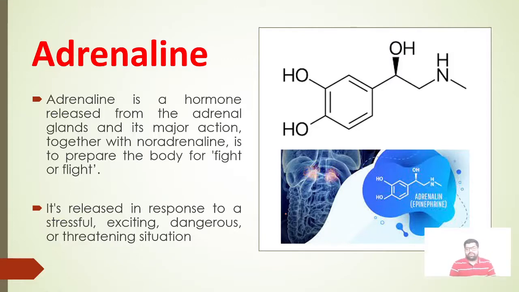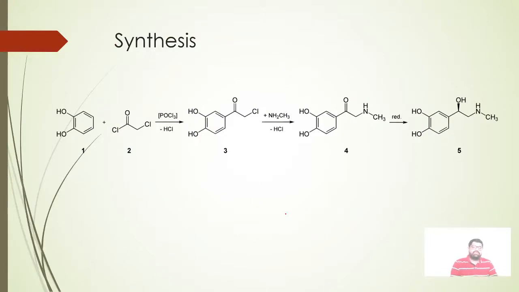So this simple molecule is synthesized in the laboratory in the following way. We will start with pyrocatechol, or simple catechol, and treatment with chloroacetyl chloride, that is a simple acylation reaction in presence of a catalytic amount of POCl3, gives acylation of our catechol.